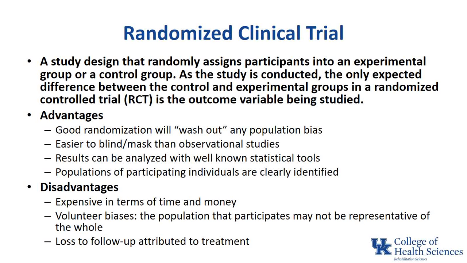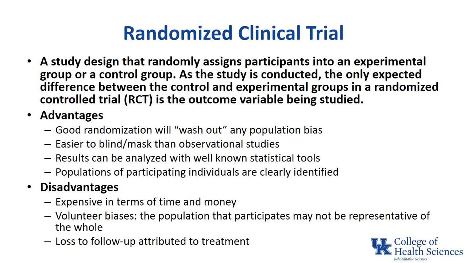And so at the beginning, the groups should look the same. If your randomization works or your stratified blocked randomization works, they should be even looking across at baseline before the intervention starts. Good randomization will wash out any biases or population differences.